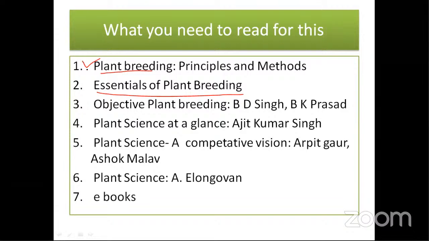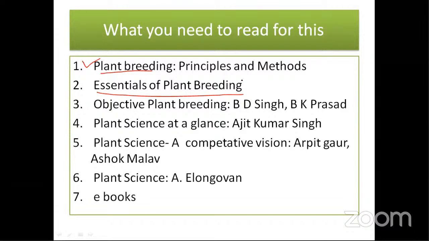They are very conceptual, and for that you need to go through the BD Singh book. Otherwise you can continue with Essentials of Plant Breeding by Phundan Singh, and that too you have to read line by line.